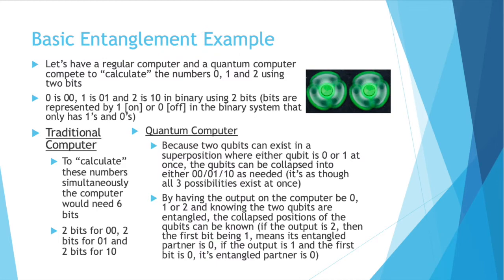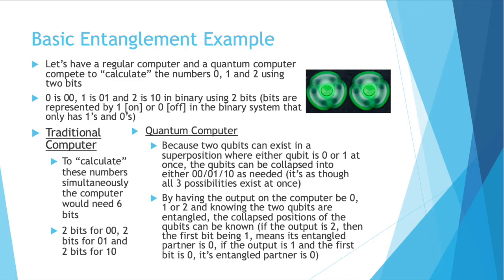Okay, let's use a really oversimplified example so that you understand how entanglement and qubits are used for a calculation, and what makes quantum computing so powerful. So let's have a regular computer and a quantum computer compete to calculate the numbers 0, 1, and 2 using just 2 bits, or 2 qubits.